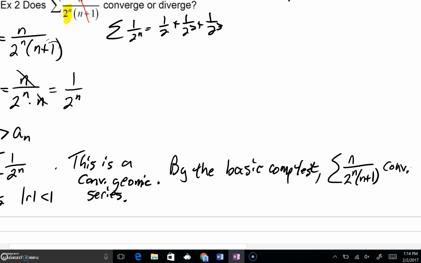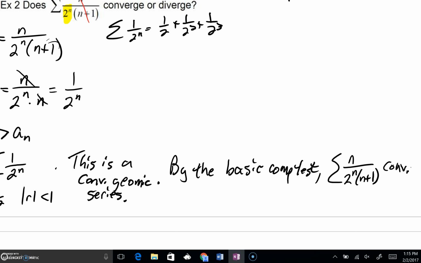But again, notice the work that is really required. Again, you're showing your choice of a b sub n. You're talking about relative size between the original series and your series. You're making a statement that b sub n either would converge or diverge. And finally, you make use of that situation, of those two pictures.